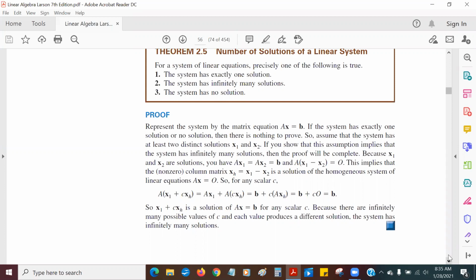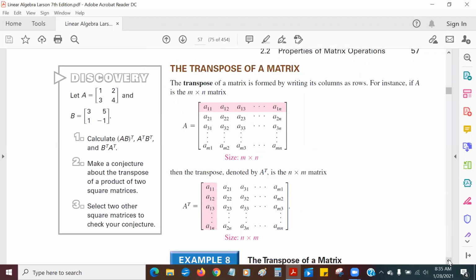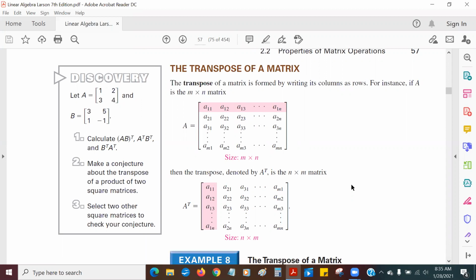Okay, now we're going to switch tracks and go to something called a transpose. Now these definitions are very fancy, but basically what happens in a transpose is that we take a matrix and the rows of the original matrix become the columns of the new transpose matrix. So we're kind of taking a matrix and flipping it around its diagonal.